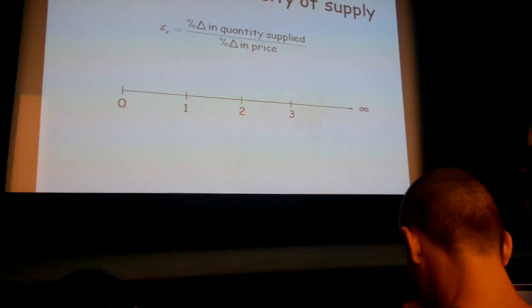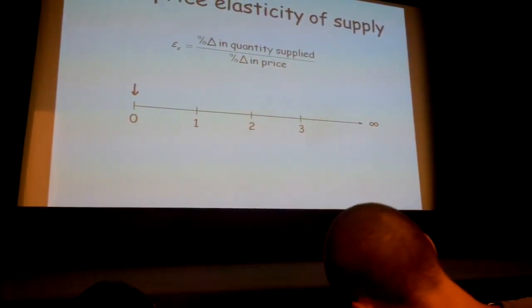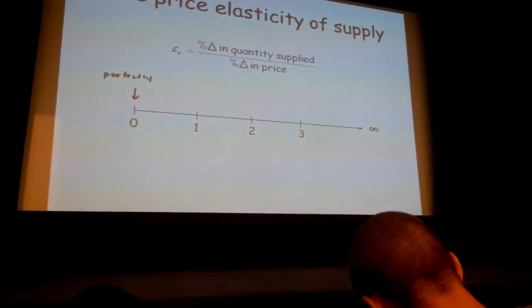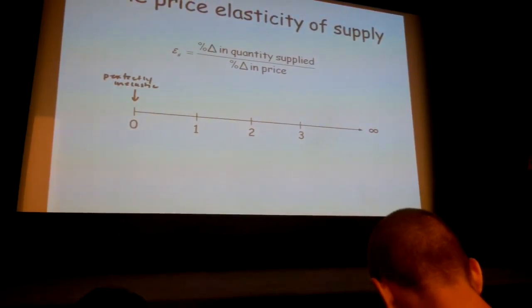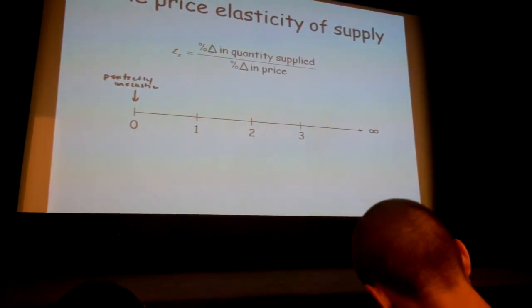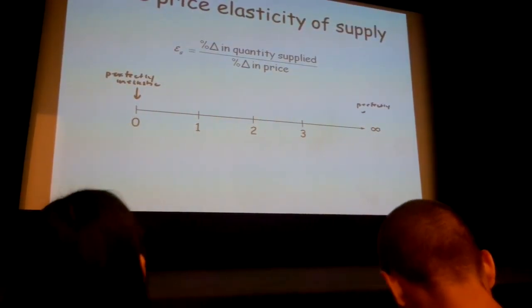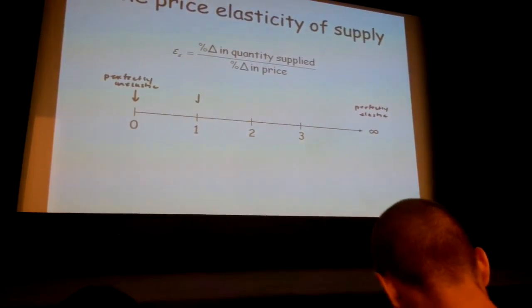When the price elasticity of supply is equal to 0, we say that it's perfectly inelastic. When the elasticity of supply approaches infinity, we say that it's perfectly elastic. And when it's exactly equal to 1, we say that it's unit elastic.